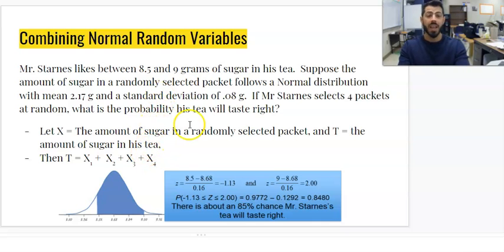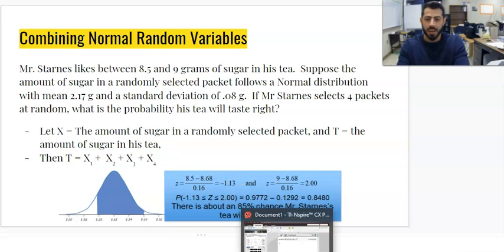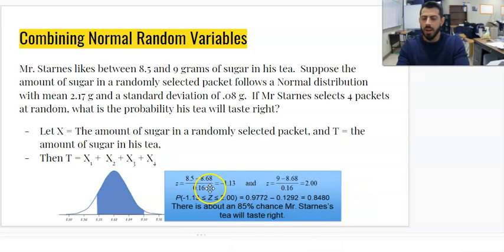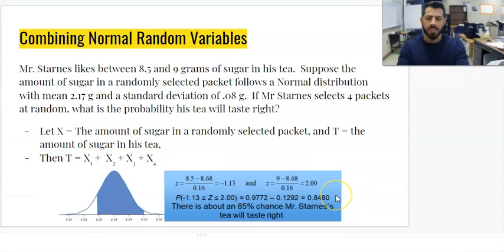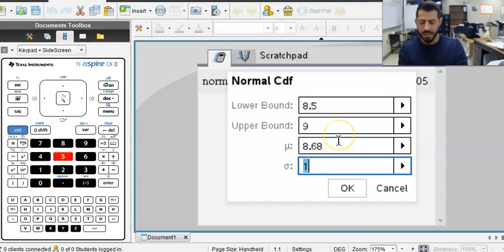We tried it. So now that we've done that, we can again either use the z-scores like we've done in the past, or we can do a normal CDF using the calculator or one of our online calculators. So we know that it's between 8.5 and 9, if the mean is 8.68 and the standard deviation is 0.16.